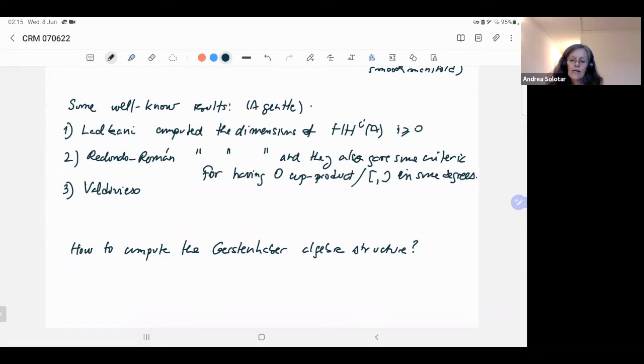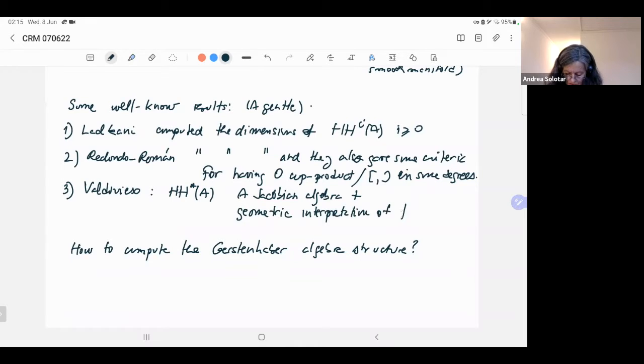Sefi Ladkani computed, without any proof, I must say, the dimensions of all the Hochschild cohomology spaces for a gentle algebra. And then Yadira Valdivieso computed Hochschild cohomology for a Jacobian algebra given by a quiver and a potential, and she gave a geometric interpretation of the dimensions. So this is related to triangulations of surfaces.